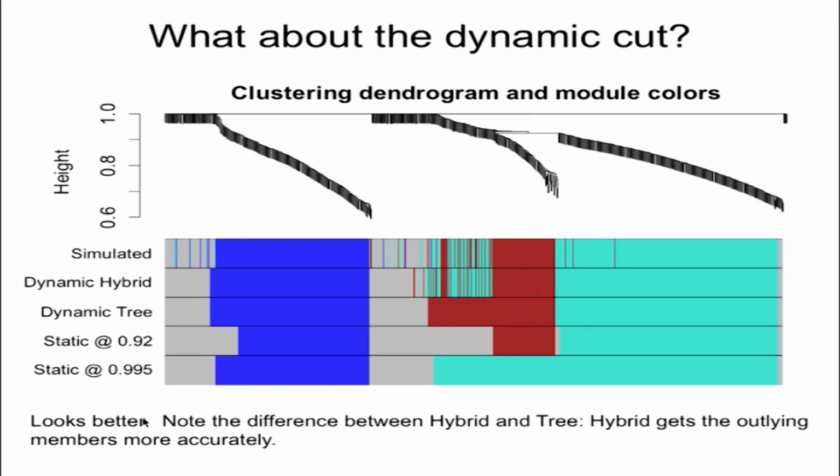And how does it do it? Why does it work so well? Well, because the hybrid method uses a second clustering procedure after the tree approach, which is based on partitioning around medoids. The term hybrid refers to the fact that it's a hybrid between hierarchical clustering and partitioning around medoids. And remember how I told you the hybrid method inherits the advantages of both methods.